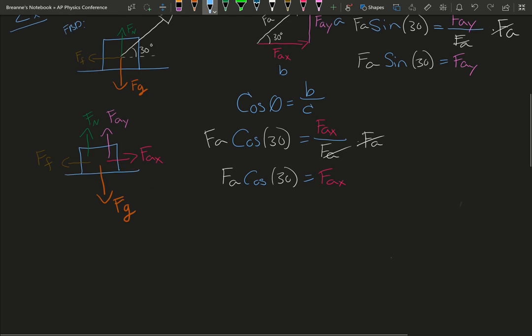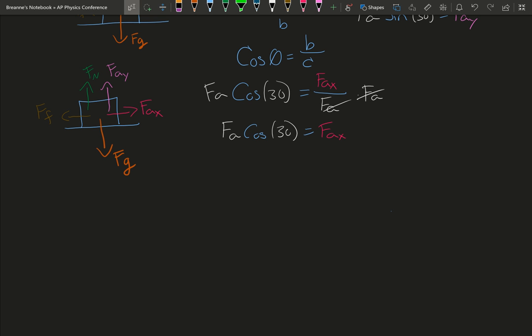So what forces are in the Y direction? So we have force of normal, which is positive, so we can just leave that alone.